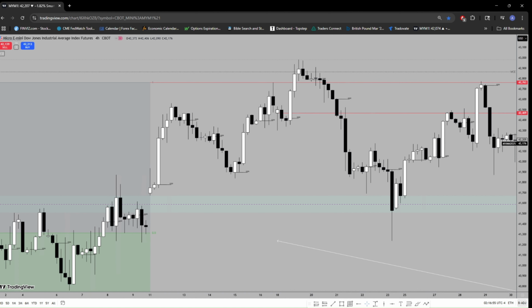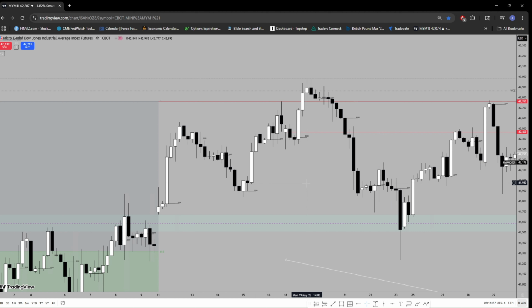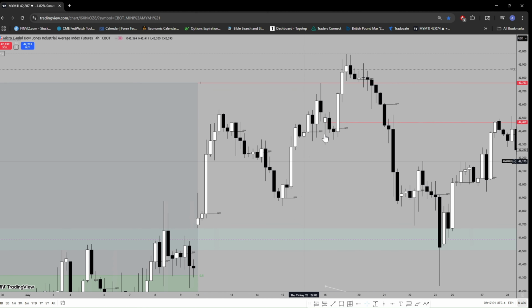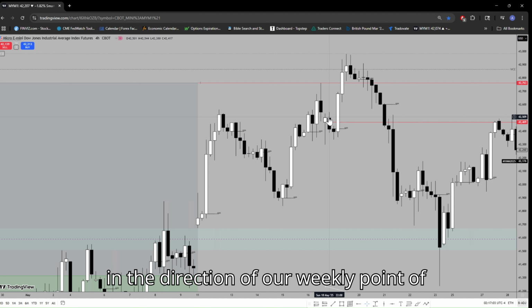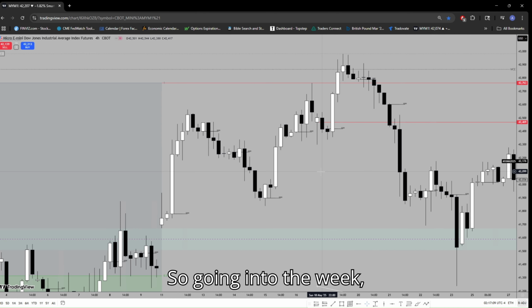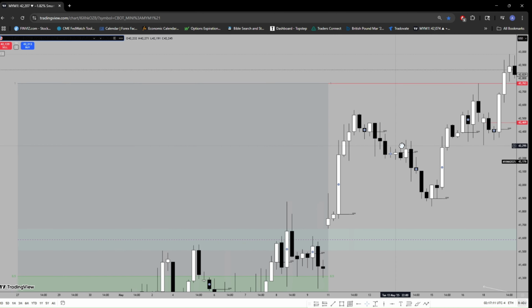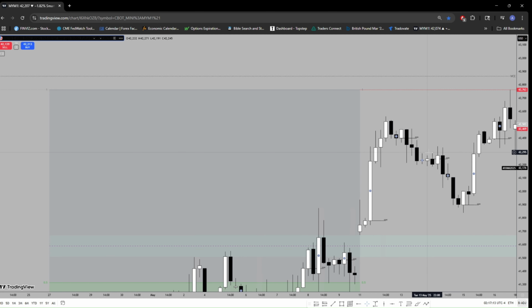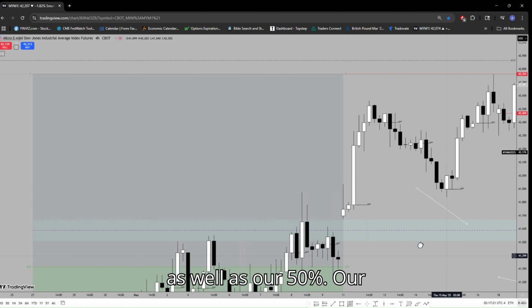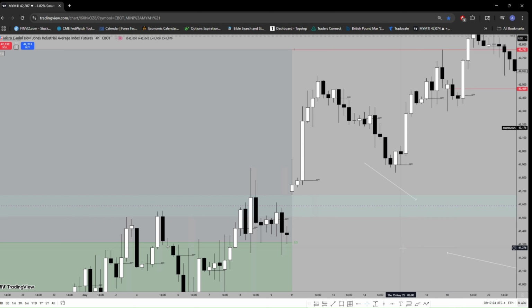Generally we wait for price to create a fair value gap in the direction of our weekly point of interest or draw on liquidity. So going into the week, we had this fair value gap for price to trade into, as well as our 50%.